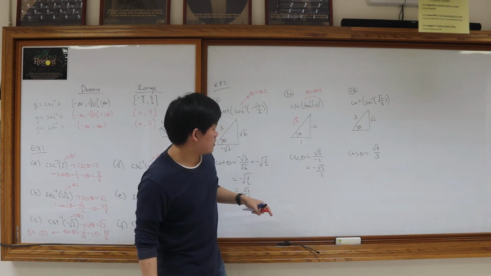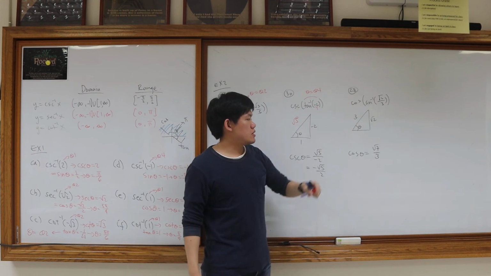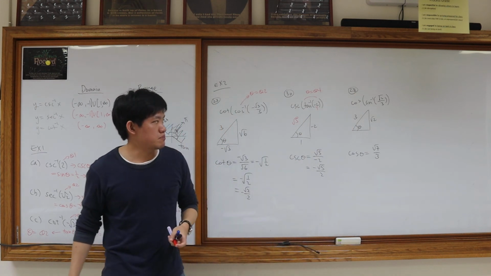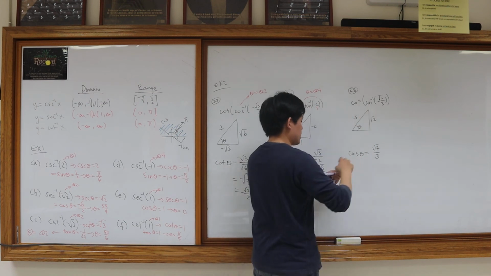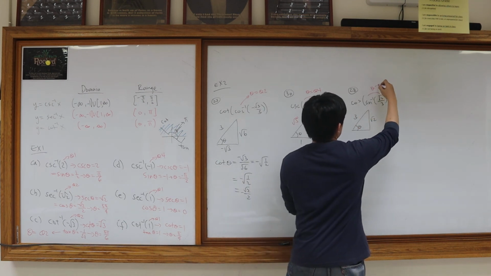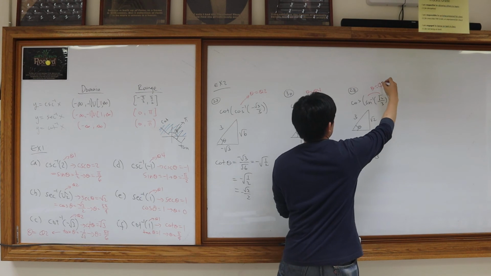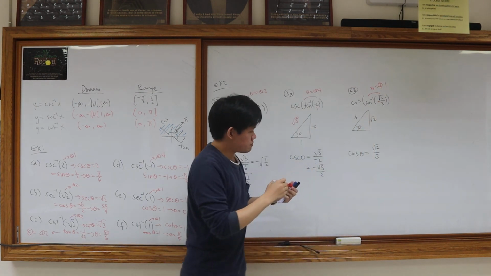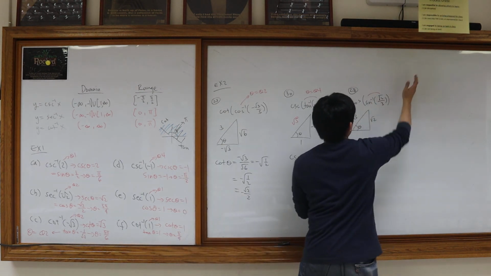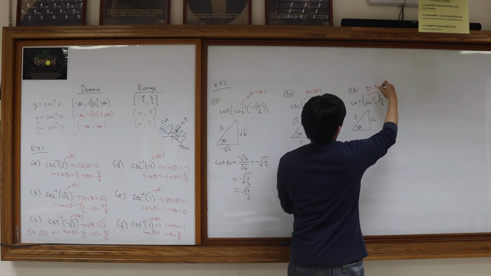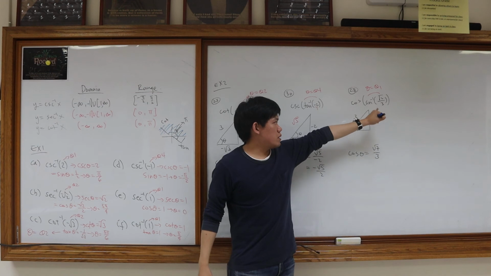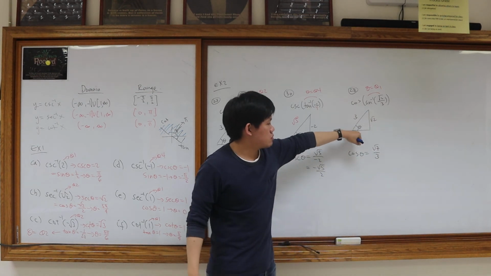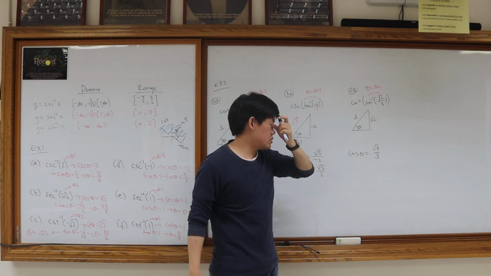Now the next part here is 28. Cosecant of arcsine of root 2 over 3. This is sine. In this case, because it's positive, theta is in quadrant 1. But we have to find the missing leg, which is the adjacent side.